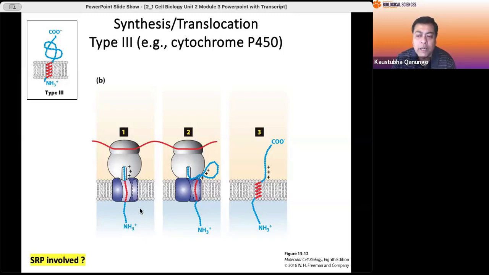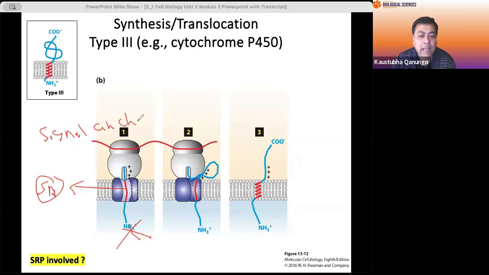Here there is only one sequence, and that is your signal. This signal is an SA, a signal anchor sequence. The type 1 already had the signal in here, which is absent here. So this is the only sequence, your signal anchor sequence.